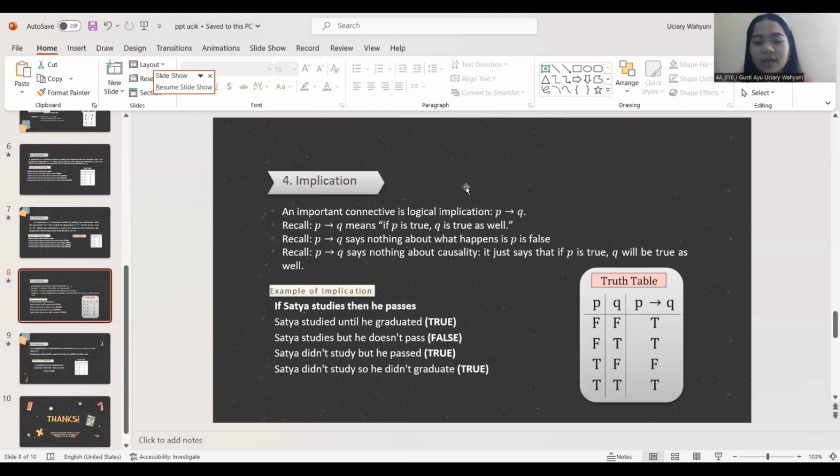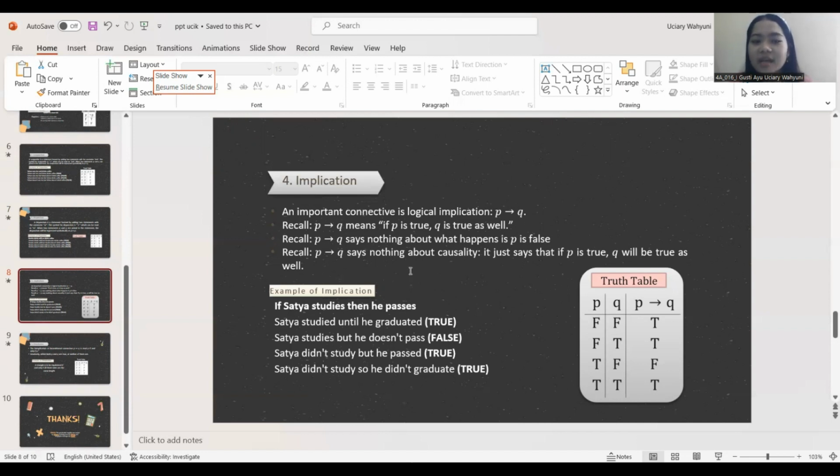Okay, now about implication. An important connective is logical implication. If P, then Q. Recall, if P then Q means if P is true, Q is true as well.